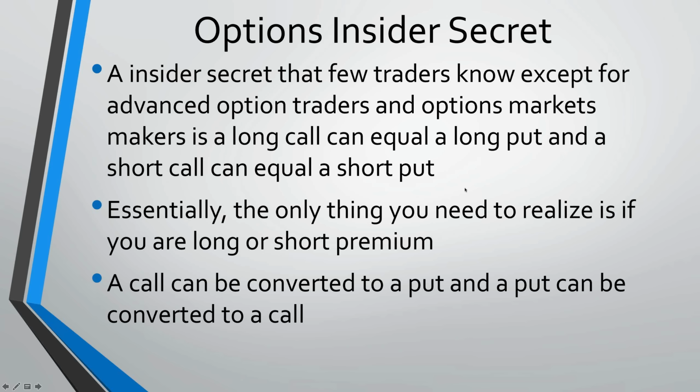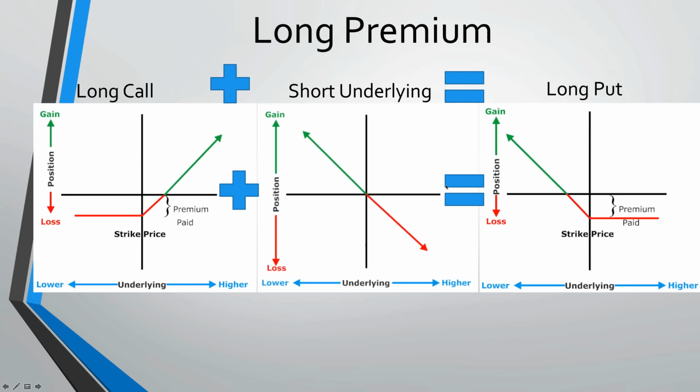All right, great. Thanks, Bob, for clarifying that. So, long premium. We've seen these risk graphs. So if I take a long call graph right here, let's say I'm long a call, and then I short the underlying, it equals a long put. We might be looking at this saying, how does that make sense?